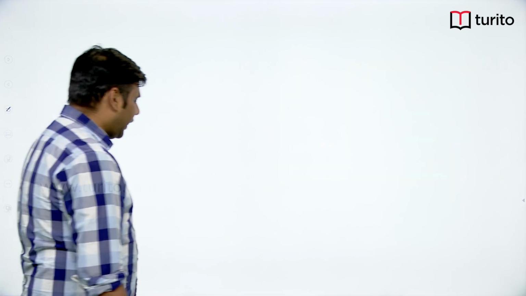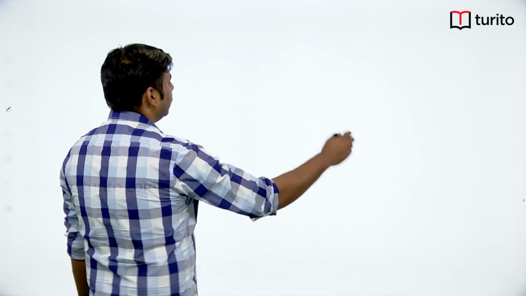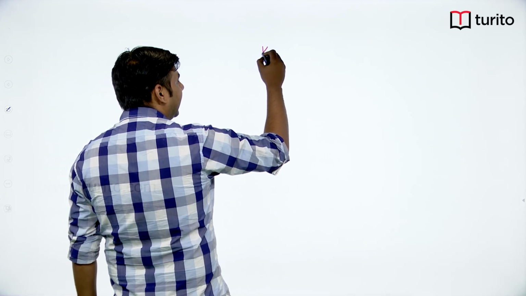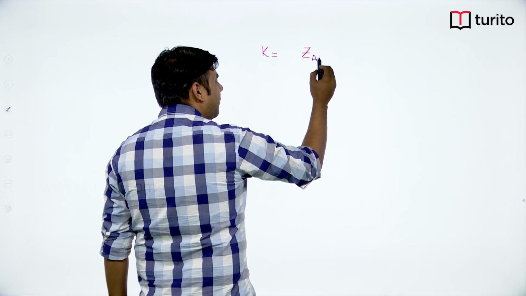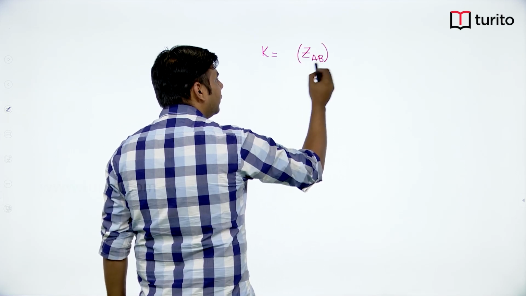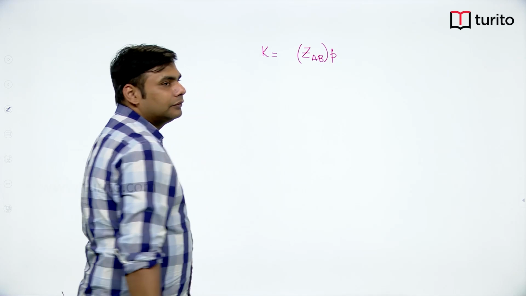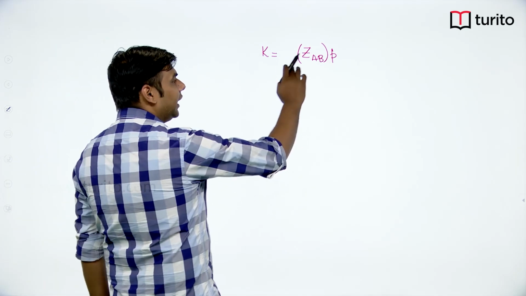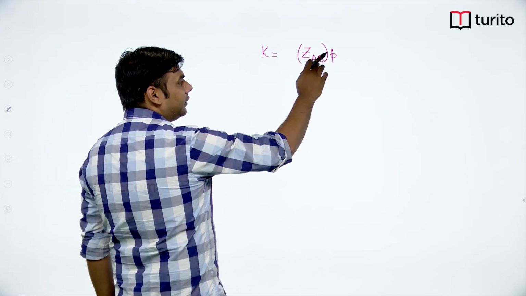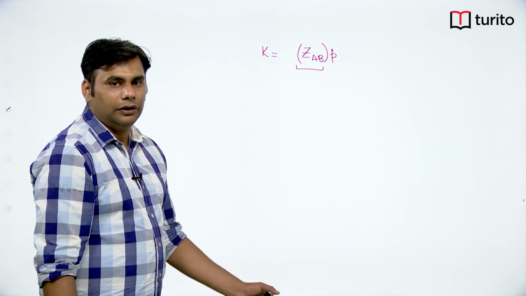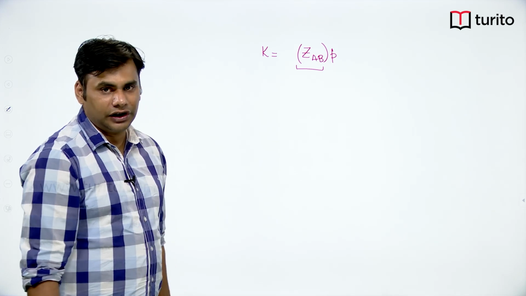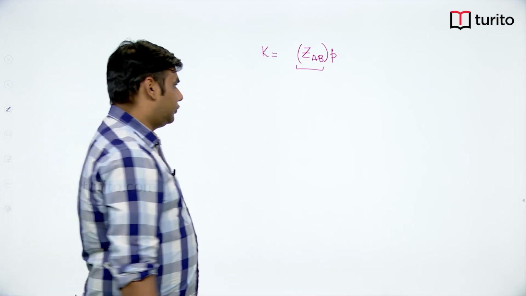Now if we look at the rate equation, we'll say that k is equal to, as I have already written, ZAB into the steric factor. ZAB is basically the total number of collisions per unit volume per unit time, so this is the collision frequency.